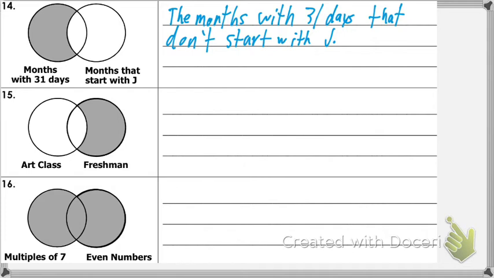Once again, if somebody were to try and draw the Venn diagram based upon my written description, they should be able to get this exact diagram with the shading and everything. So that can be kind of an indication on whether or not we're writing these correctly.